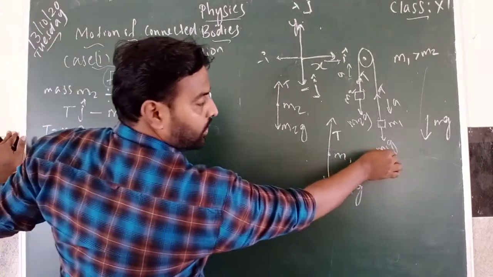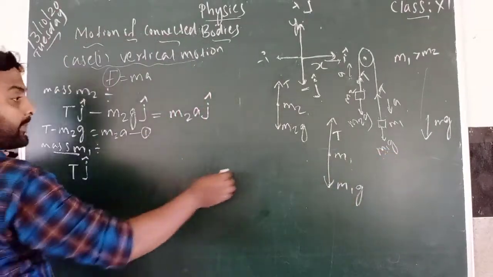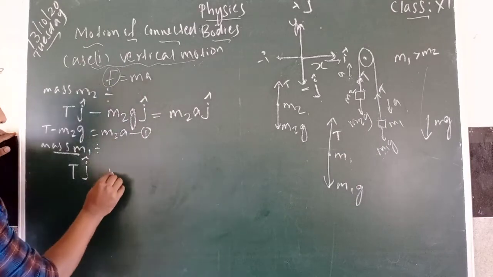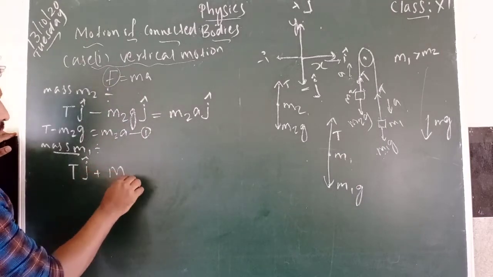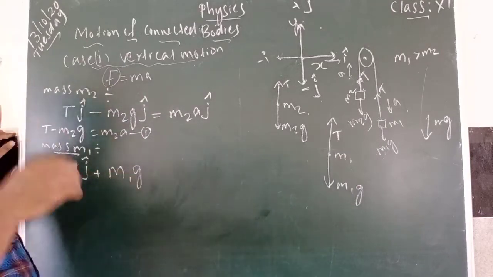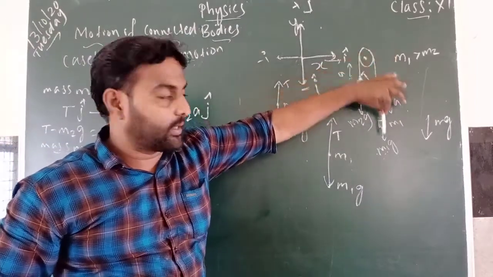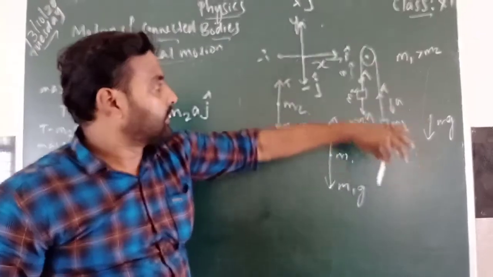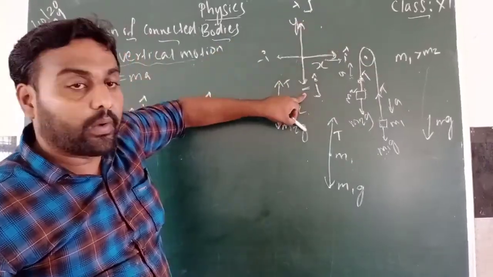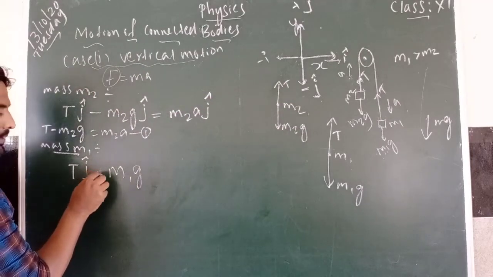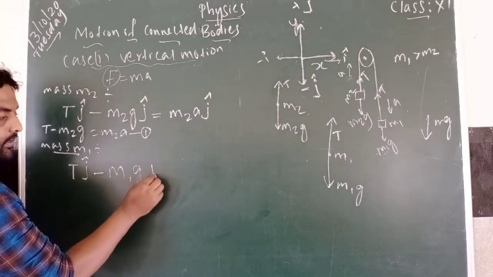Now the downward force m1g acts in the downward direction, which is minus j, so minus m1g j.